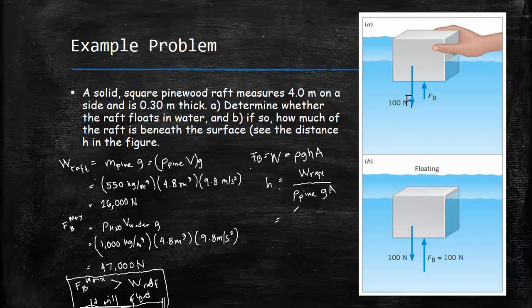Therefore, the weight of the raft is equal to 26,000 Newton over, sorry, we will not use the density of the pine. Instead, we will use the density of water.